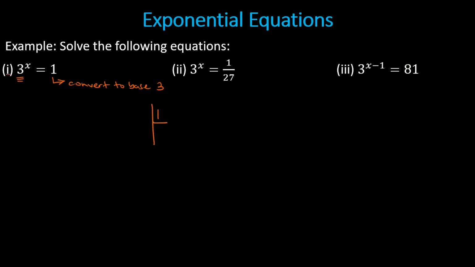Can we do this? No, because we can't express 1 in terms of power 3 by division. So we have to find a way of writing 1 in terms of base 3. How can we write 1 in terms of base 3?